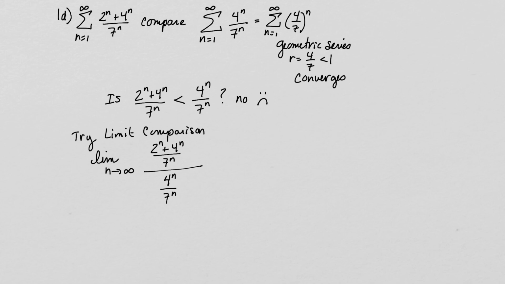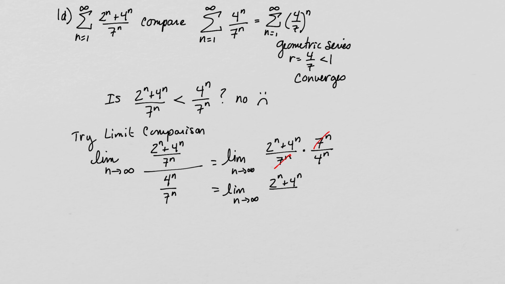And if we do keep, change, flip, this is going to become the limit as n approaches infinity of 2 to the n plus 4 to the n over 7 to the n times 7 to the n over 4 to the n. So my 7 to the n's cancel each other out. And I'm left with the limit as n approaches infinity of 2 to the n plus 4 to the n over 4 to the n.